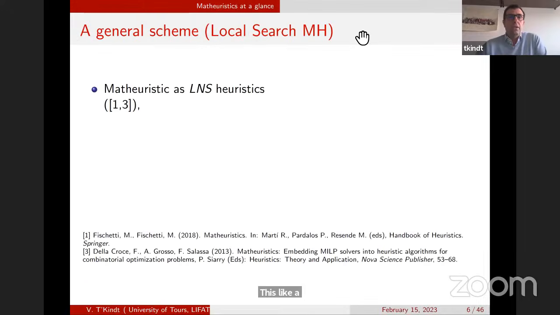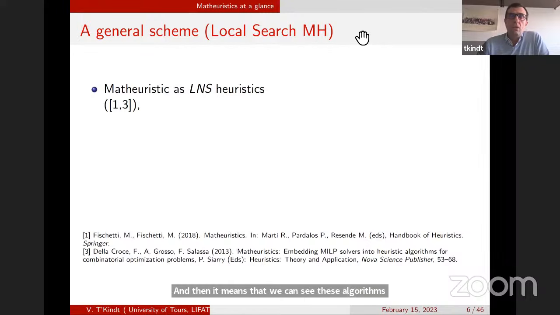Well, let's start. So we consider only local search Matheuristics, and it means that we can see these algorithms as large neighborhood search heuristics, you know.